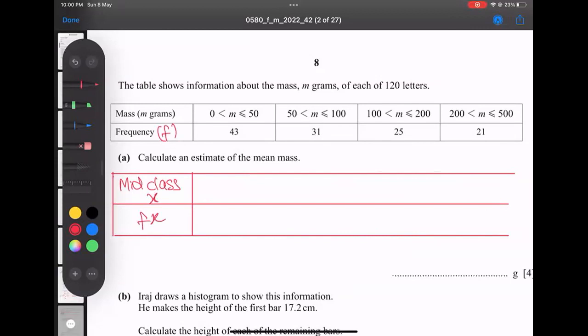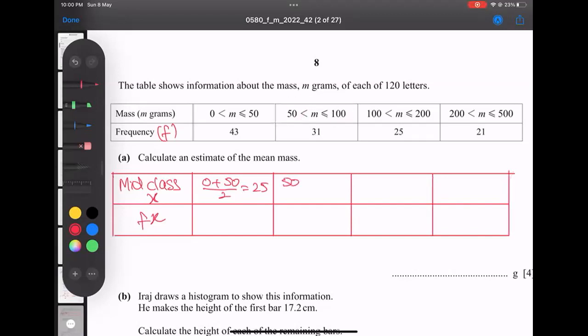So how to get the mid-class? I just show you one or two steps only. 0 plus 50 divided by 2. Type like this in the calculator, you get 25. Again, I'm finding the other one. This is 50 and this is 100.